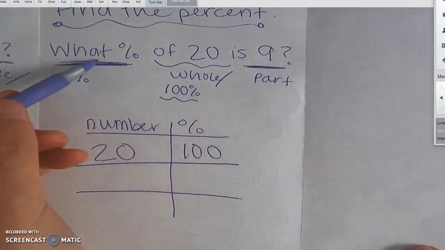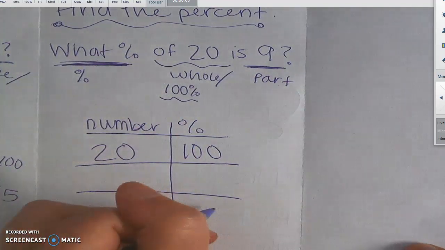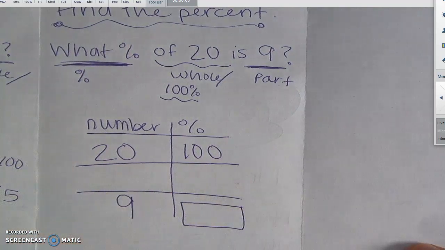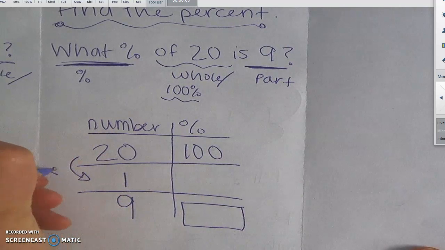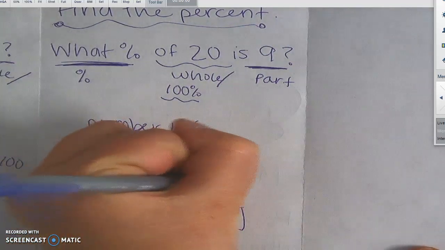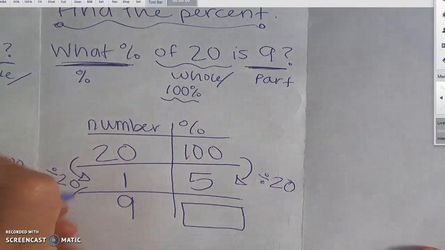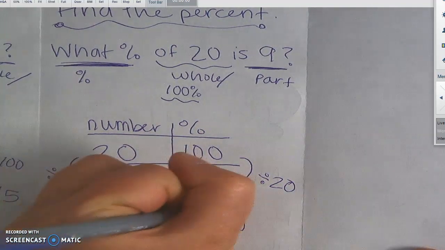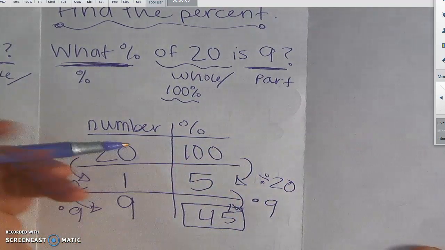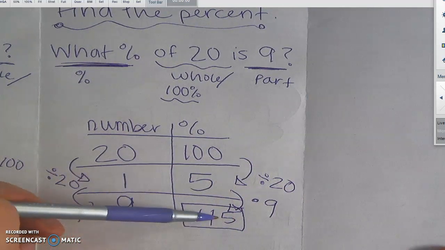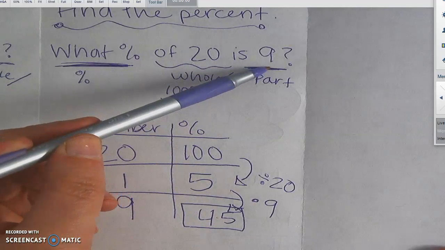I don't know what percent goes with 9, so I'm going to put 9 in my table, and the percent is what I'm trying to find. In the middle, I'm going to find 1. So normal table business, divided by 20, which is 5, and then times 9 is 45. So this is saying that 45% of the whole 20 is 9.